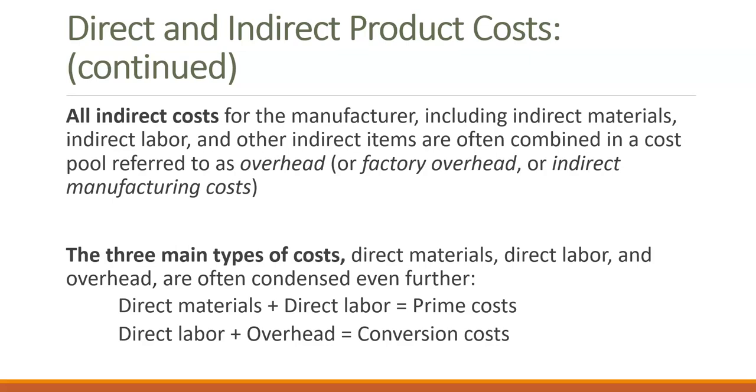Conversion costs are the cost that it takes to convert prime materials to a finished product. So we convert direct materials and direct labor into a finished product. And in order to do that, we use direct labor and overhead. Direct labor is both a prime cost and a conversion cost.